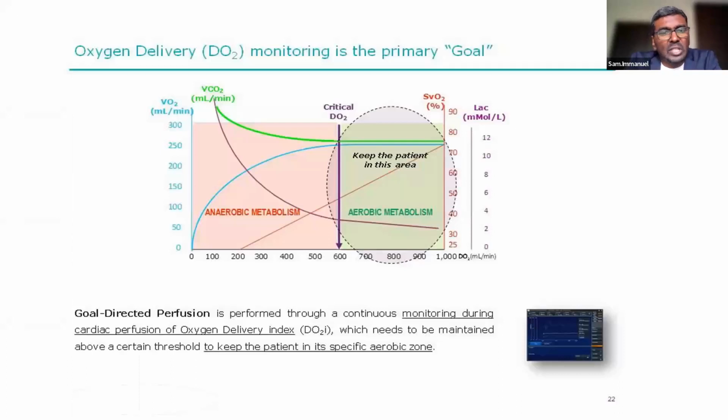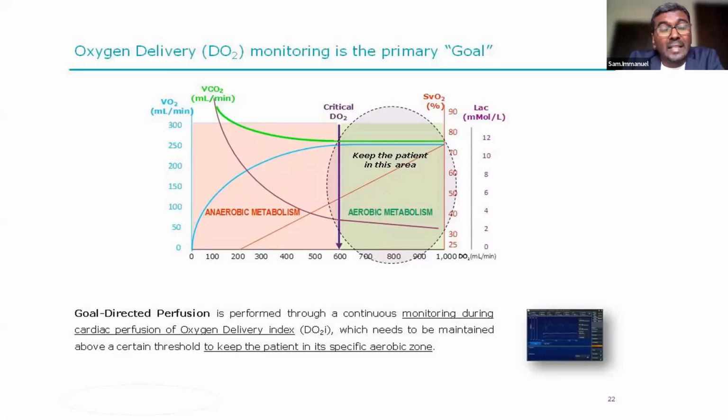And this is the graph which clearly explains that you keep the patient on the aerobic side. All the talk which was running around, just to clarify: the critical DO2 is 600. Don't get confused. This is a critical DO2, which is in ml per minute.